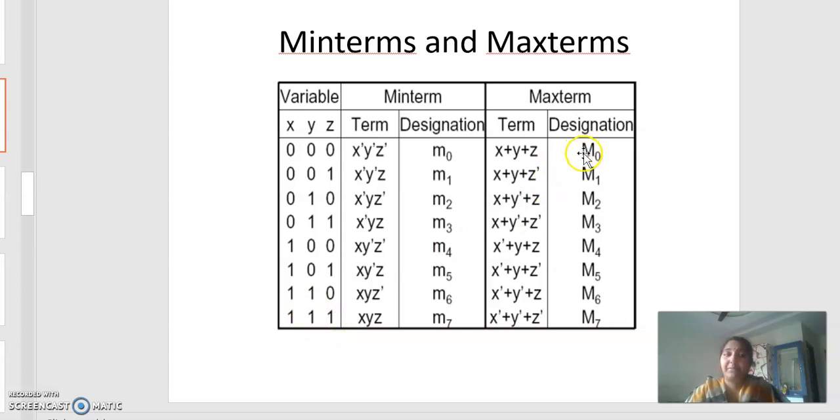And the maxterms are denoted by using capital letters, and these numbers represent the decimal equivalent value. So this is the way to write down the minterms and maxterms for three variables. And by using the same concept, we can write down the minterms and maxterms for any number of variables.